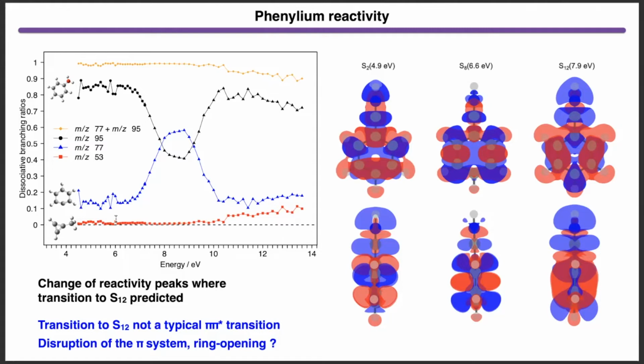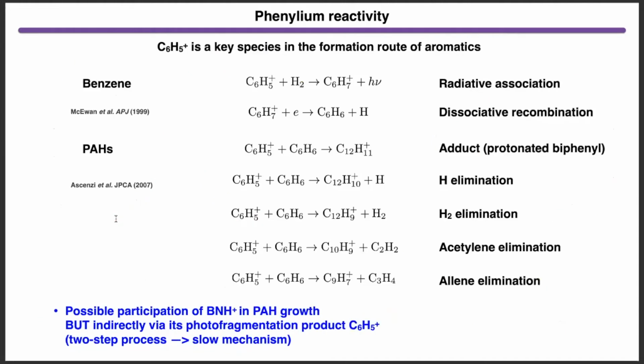If you try to guess a little bit what's happening here, the only thing you can see is that the other main transitions, to the S2 for instance, or the S8, are typical pi-pi star transitions, whereas the transition to the S12 state completely disrupts this pi symmetry. So you can potentially speculate that disrupting this pi aromaticity can lead to a C6H5+ isomer, with some ring-opening mechanism.